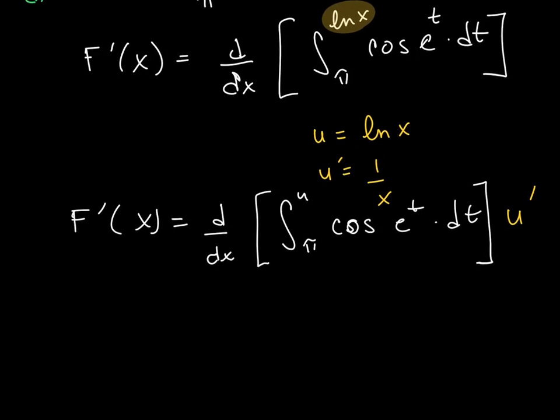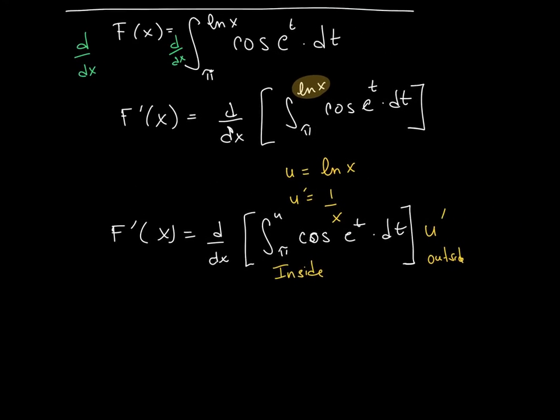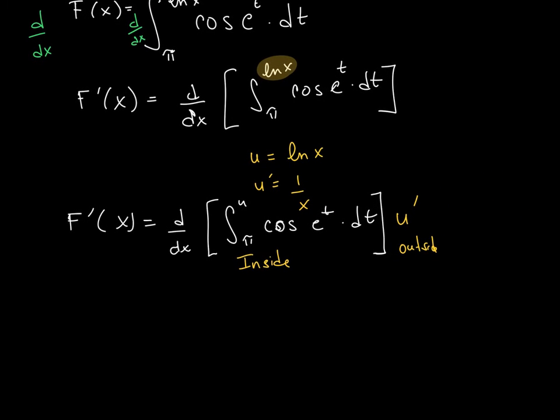So remember, what we're doing with this is we're taking the derivative of the inside and then the derivative of the outside with the chain rule. So remember what we said before with the fundamental theorem of calculus, that the derivative of the integral of the function is just the function itself.